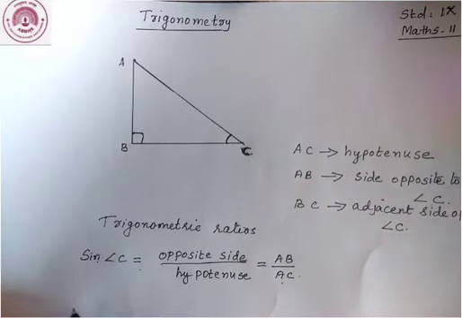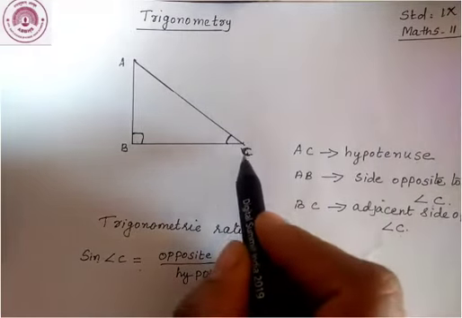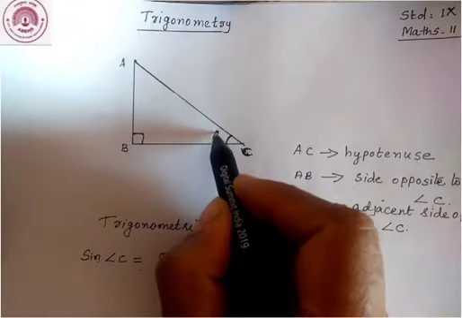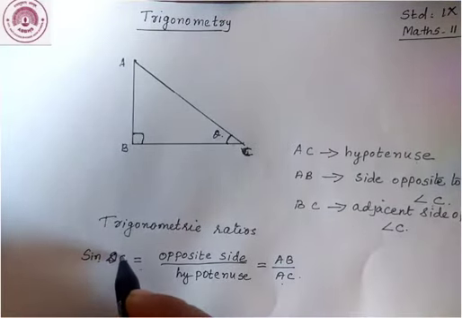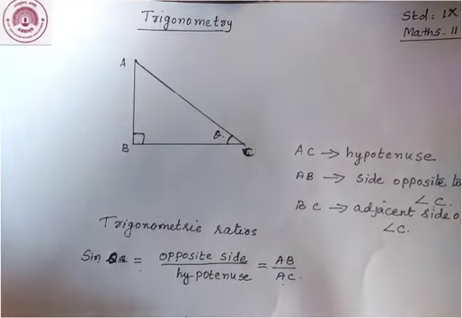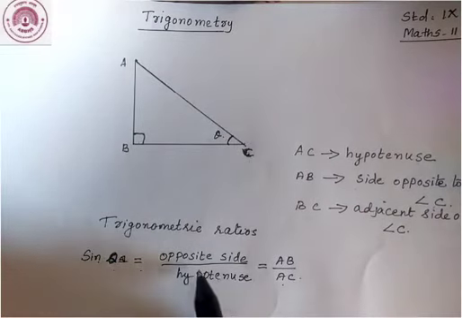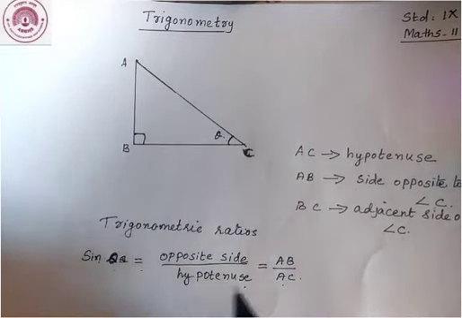If we consider angle C as theta, we can write sine theta. Instead of writing this angle, we can use this symbol, theta. Sine theta is equal to opposite side upon hypotenuse.